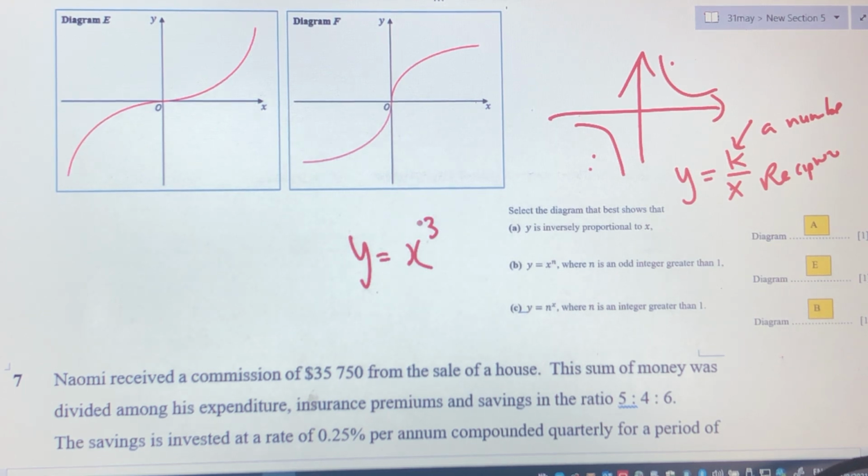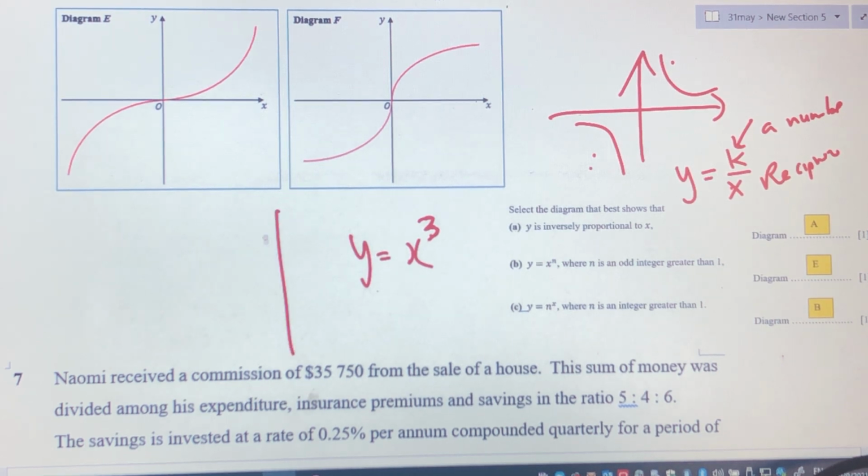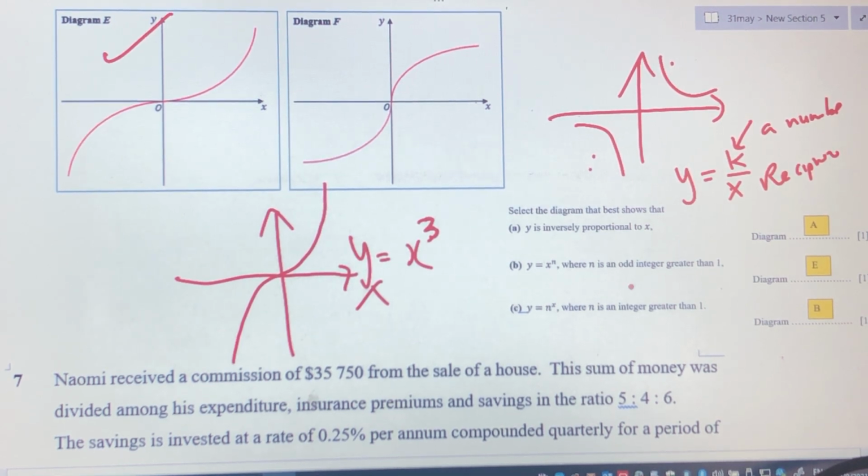But your syllabus only has x cubed. But even x to the 5, x to the 7 and all that, they will have the same shape. So I hope you remember that this is the cubic graph. And cubic graph, as we mentioned before last year, looks similar to your tangent graph. So it looks like that, right? And that would be E. Okay? E, so that is the answer.